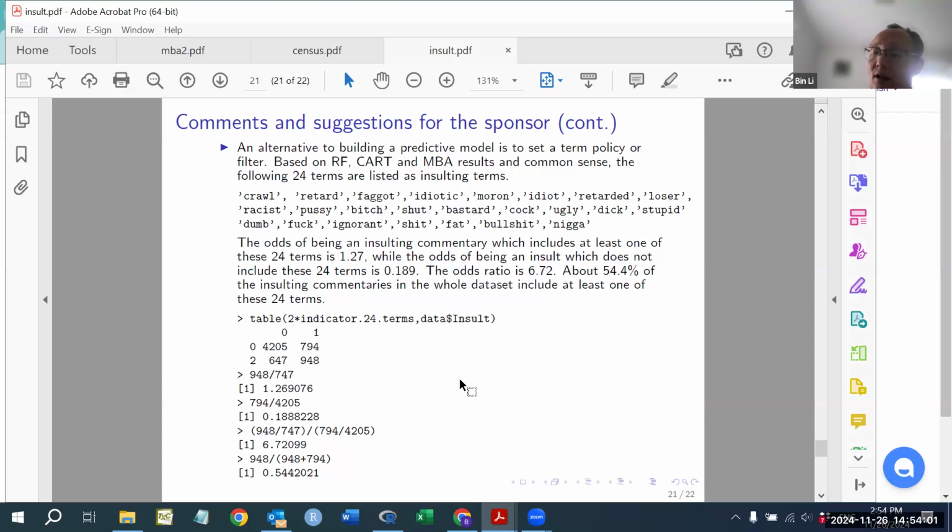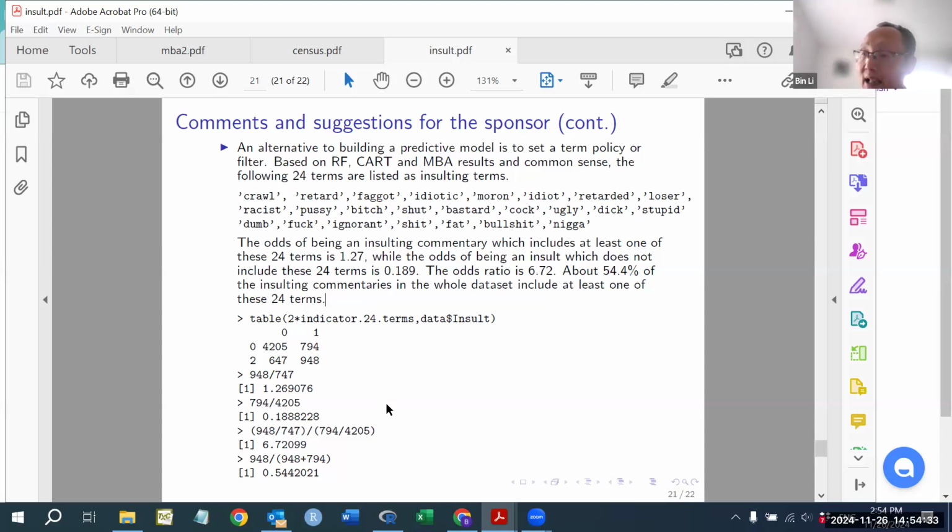And these 24 words, if we look at all the insulting comments, more than half of these insulting comments include at least one of these 24 terms. So this can give a very simple but effective approach as an alternative to predictive models. So we can use this as a term policy or filters to filter away those insulting comments.